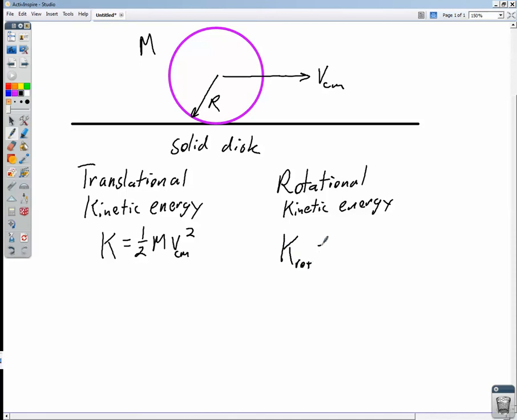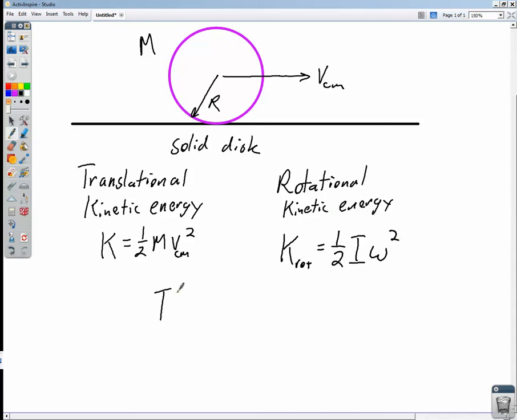And we just have to use the rotational analogs of our variables. So it's going to be half of the rotational version of mass. Remember, that is the rotational inertia. And it's going to be times the angular velocity squared. So the rotational kinetic energy of this disk can be given with this equation.